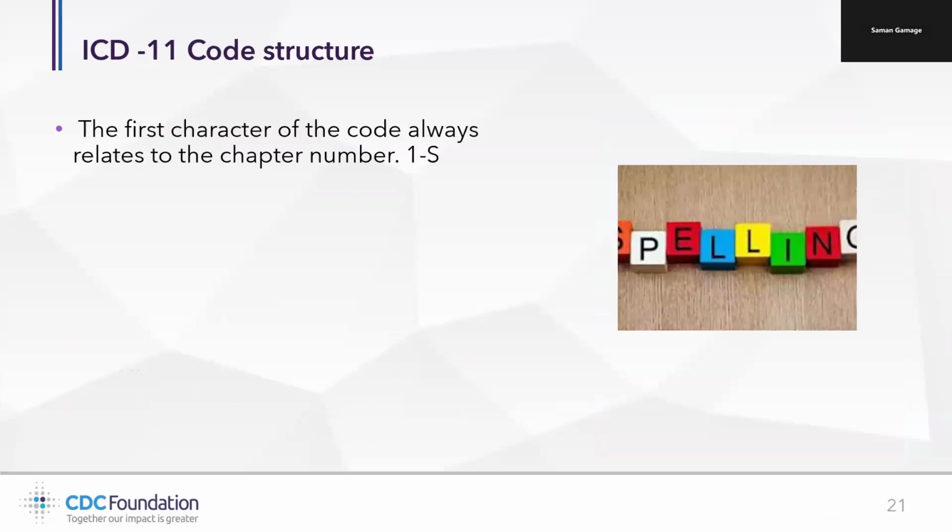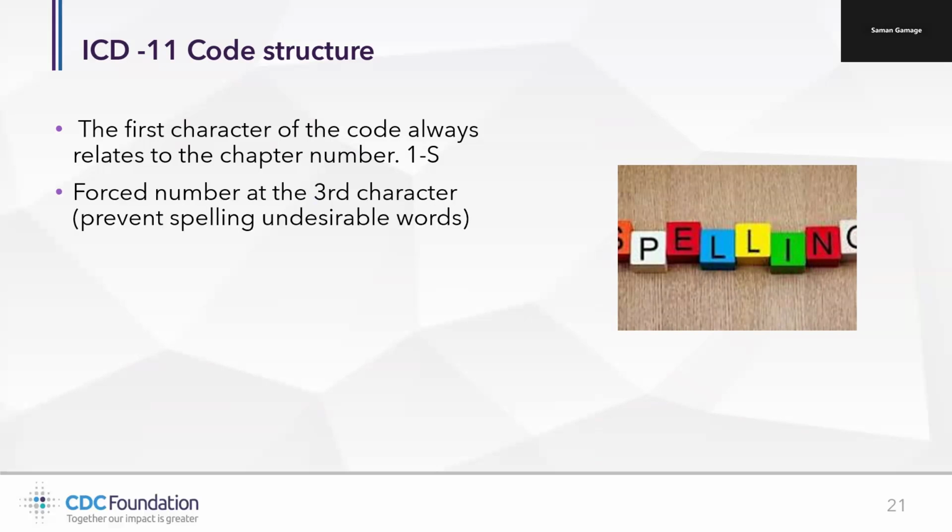Talking about code structure, the first character of the code always relates to the chapter number, 1 to S. For the first 9 chapters, it is a number 1 to 9, and for chapters 10 to 26, an alpha character from A to S. There is a number at the third character position to prevent spelling undesirable words.